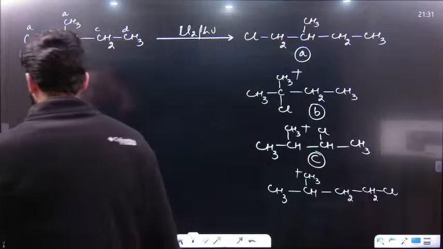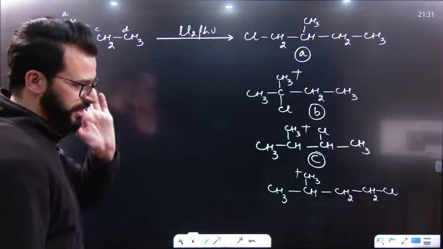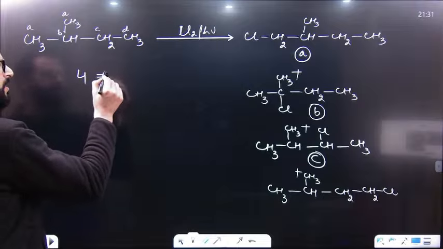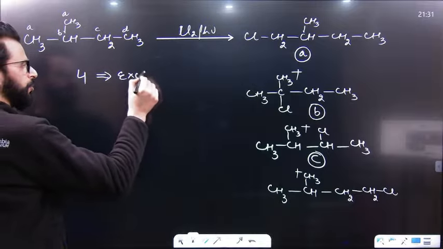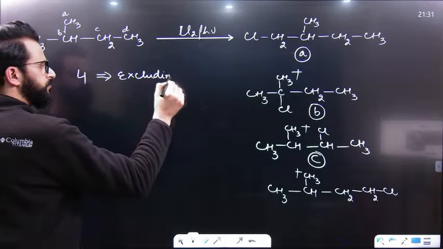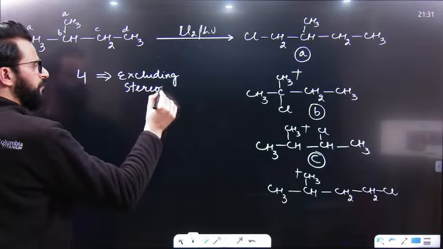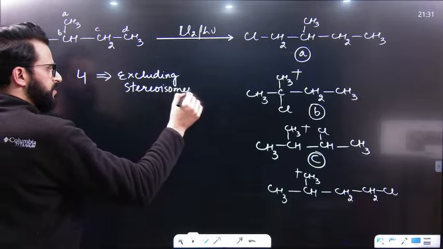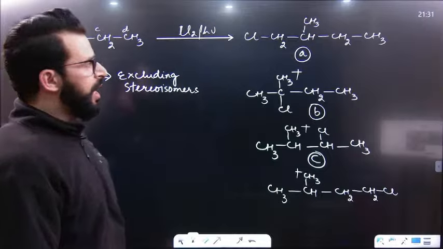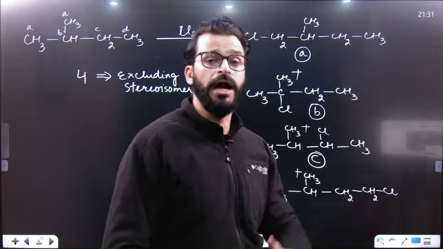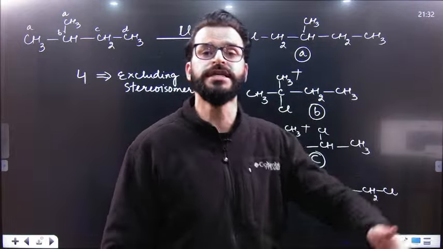Now, after this, remember here 4 products will be formed, but excluding stereoisomers. But sometimes the question will be like this: how many total products will be formed, or how many products will be formed including stereoisomers?